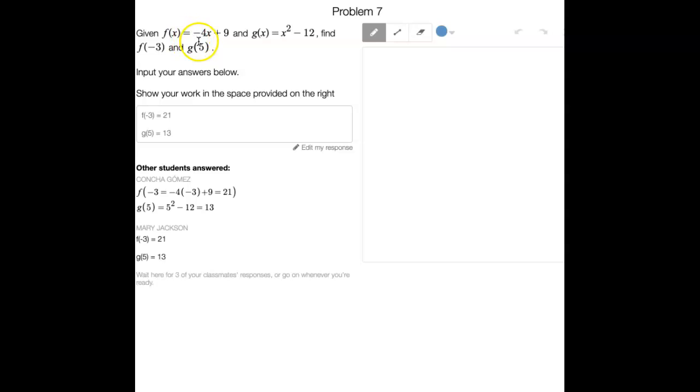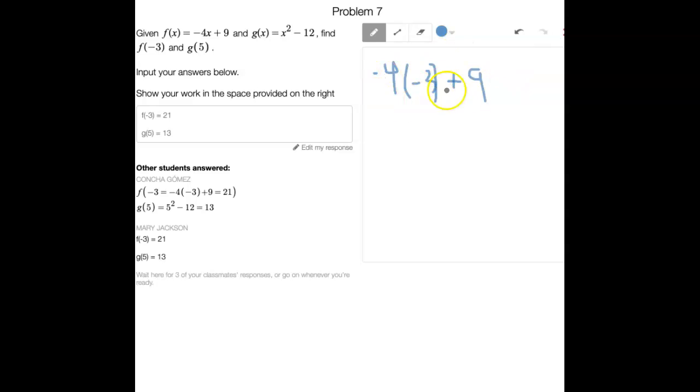So for f of -3, you would plug a -3 in for x, and you'd get -4 times -3 plus 9. Over here I didn't write it, but you would put f of -3 equals -4 times -3 plus 9.